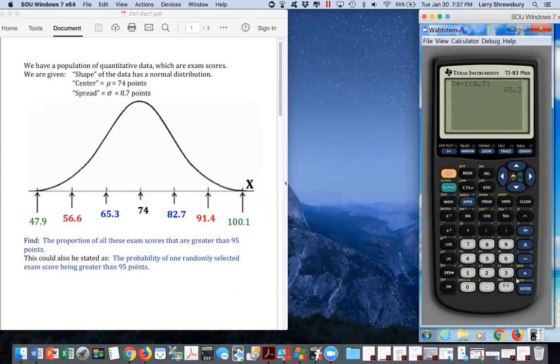I press the second key and enter key, and I use my arrow key to highlight the subtract and change it to plus. And then I say to myself, look what I know about this population. I know the middle 68% is between 65.3 points and 82.7 points. And these are exams on a test.